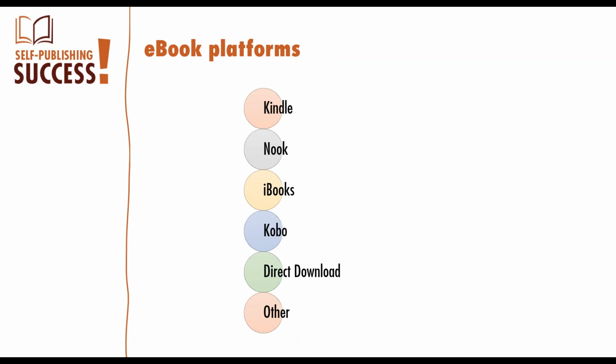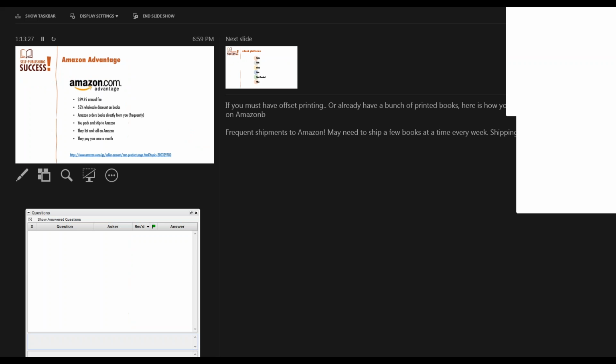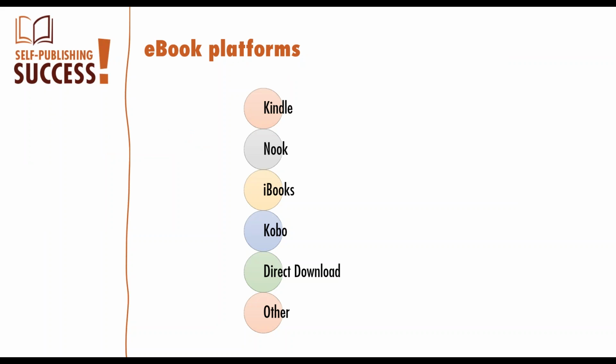So ebook platforms, we're talking about the places that you can go to purchase books as well as the devices you read them on. So the Kindle is the biggest one. Everyone's probably heard of the Kindle. Nook is Barnes & Noble's. They actually pulled all their Nooks, just plain ebook devices, from the shelves last year.